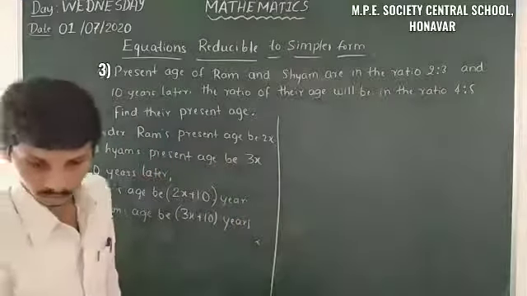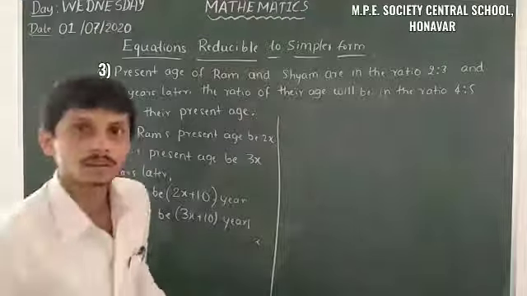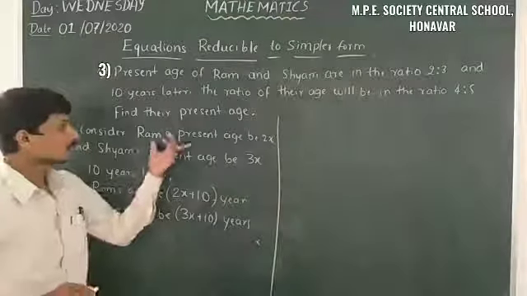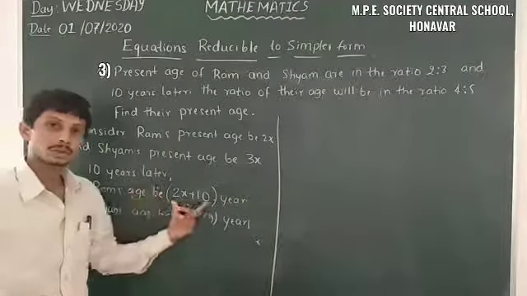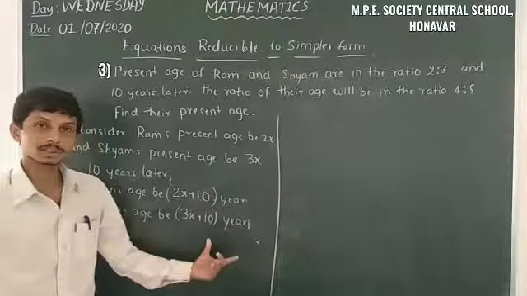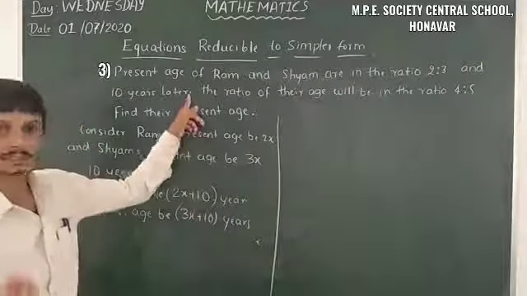So after 10 years, Ram's age is 2x + 10 years and Shyam's age is 3x + 10 years. Up to this, it is complete.